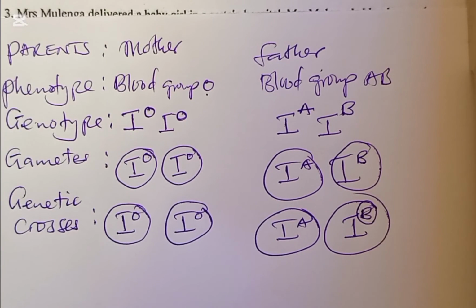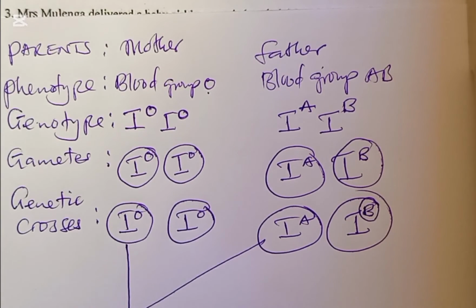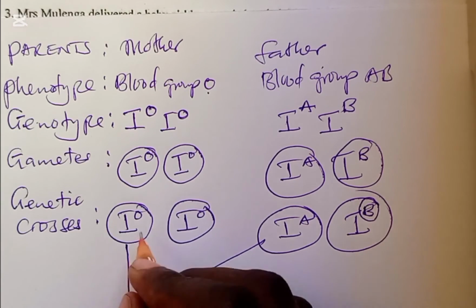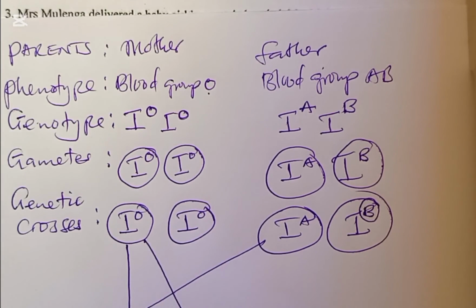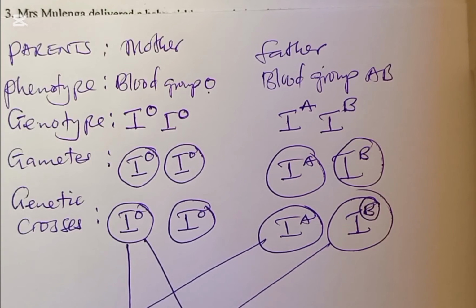So how does the crossing take place? This is going to be crossed with that. So we're going to have capital A, and then with O, which is recessive. So this is going to be crossed with that.